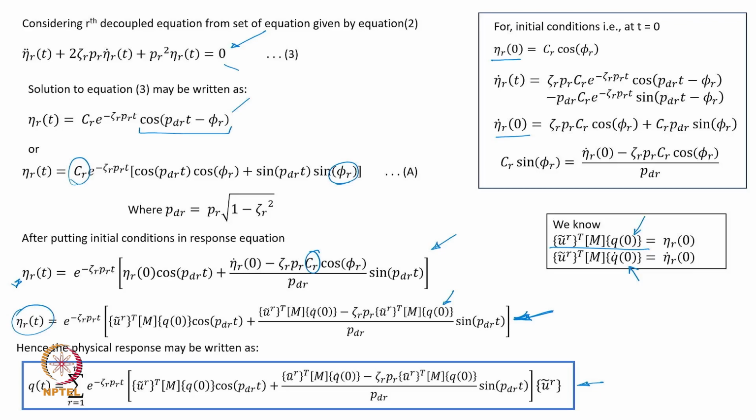Now, again you can note here the physical response, all these are quite straightforward and known. You know all your eigenvectors, you can find out your individual damped eigenvalues or damped natural frequencies from the eigenvalue analysis. You can find out what is PR, and by using the modal damping ratios zeta r, you can find out all the parameters which are involved in this expression.